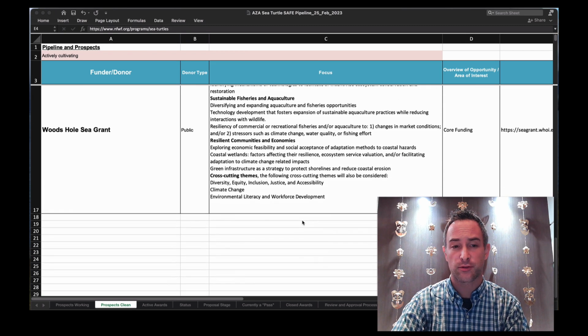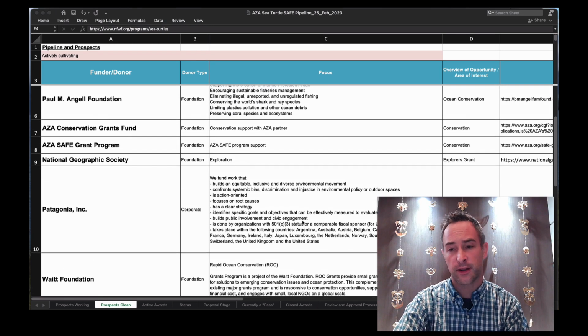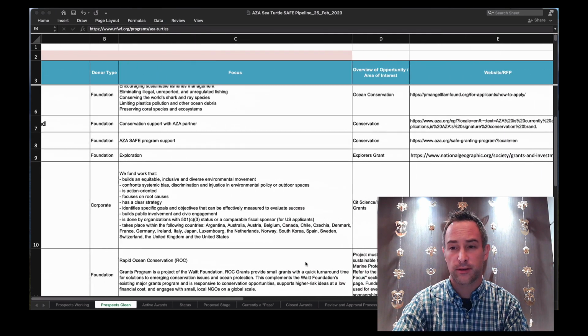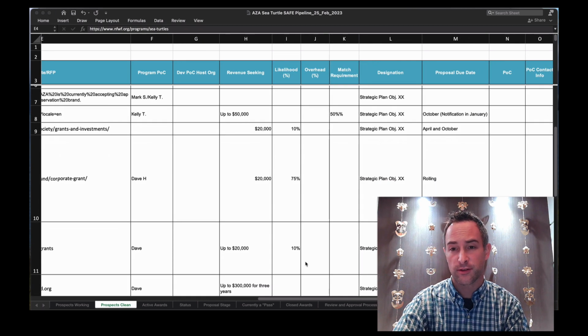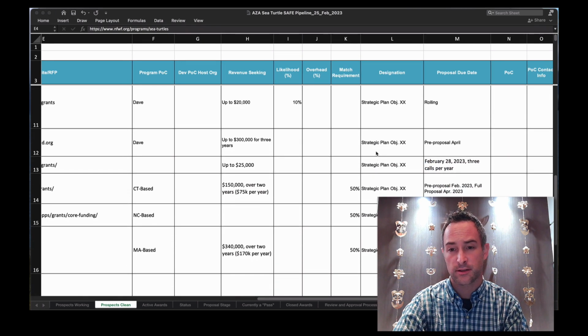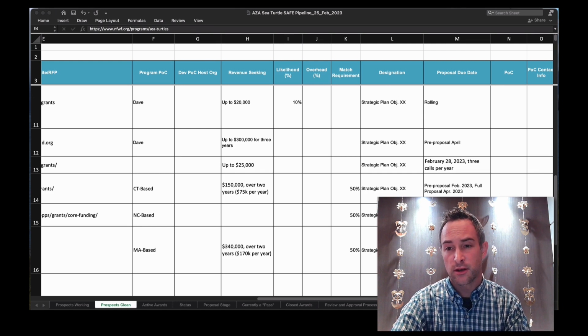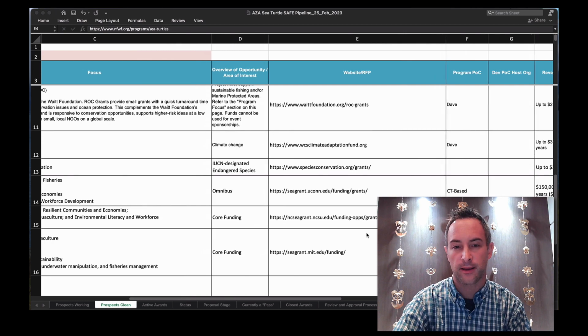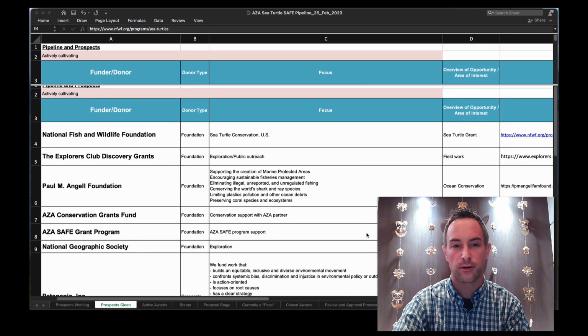So as we're trying to evaluate different opportunities, we think about how they fit in and generally what the dates are for pre-proposals, letters of intent, and how these affect in this case our strategic plan objectives. So there are some that are recurring. A lot of these RFPs, these requests for proposals, are recurring. So it's really important to keep in mind that there's kind of a rhythm every year to these different opportunities.